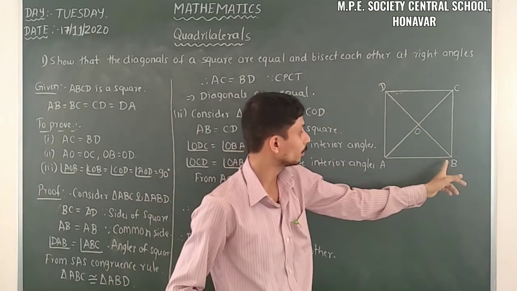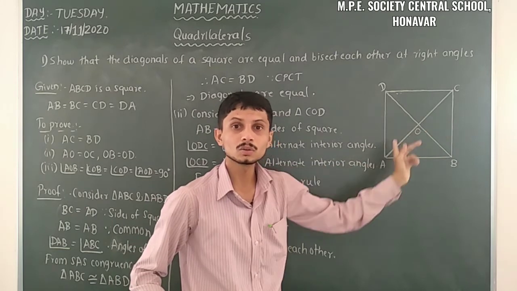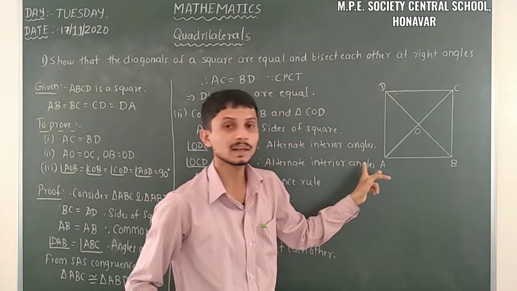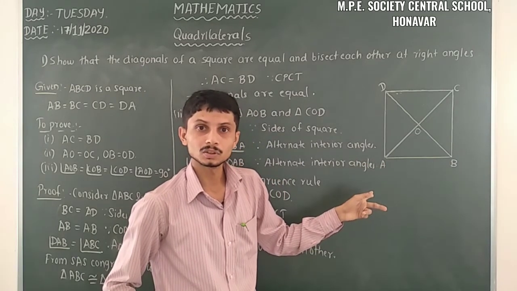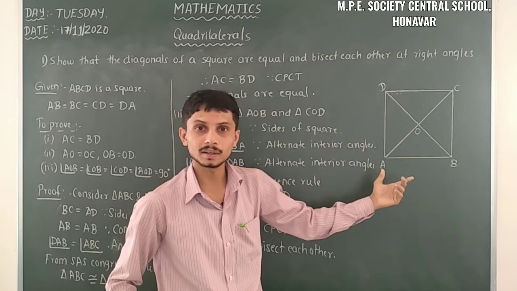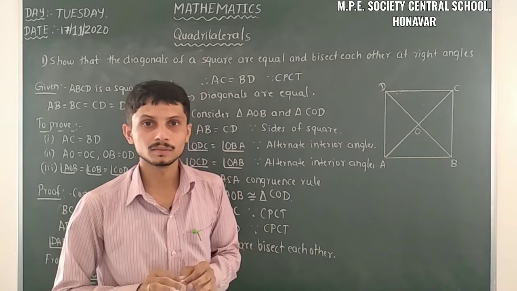So angle AOB and angle COB are equal and form a linear pair. Also, when the ray OB stands on line AC, the sum of adjacent angles is supplementary. Then each angle will be 90 degrees.